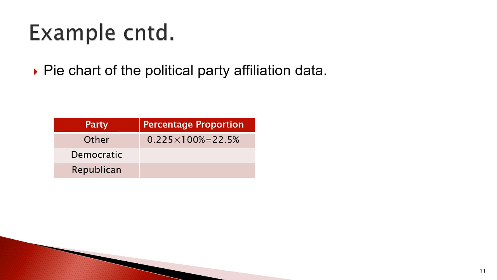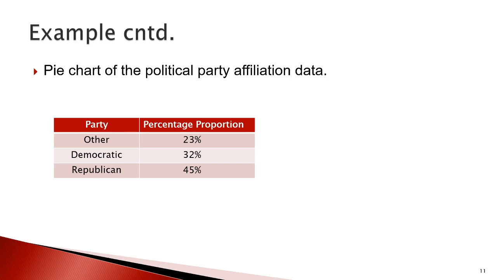Then we will get the percentage proportion, that is 22.5%. Let's call it 23%. And for Democratic, it's 32%, and for Republican, it's 45%. Altogether, the summation of the percentage proportion column should also be 100%.